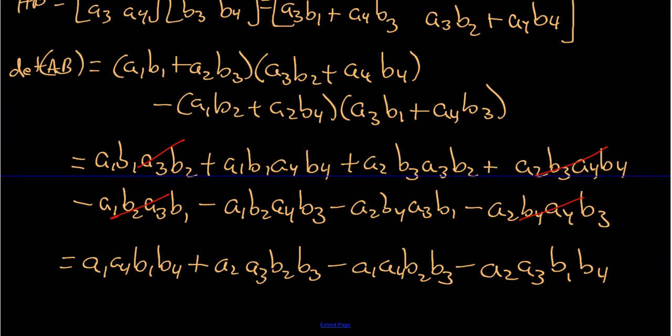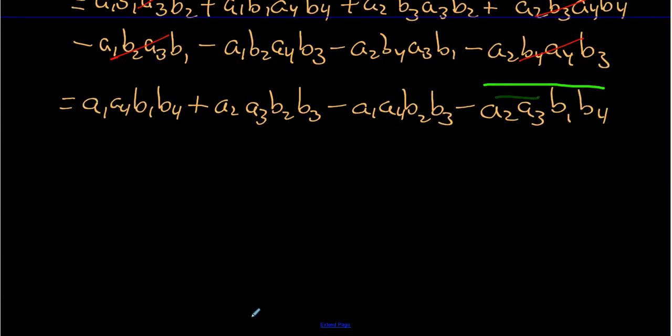And what I want to notice is that we now are set up to do some partial factoring. In particular, we have an a1 a4 in that term, and we have an a1 a4 in this term. And we have an a2 a3 in this term, and we have an a2 a3 in this term. So I'm going to gather those like terms, and then I'm going to factor them.